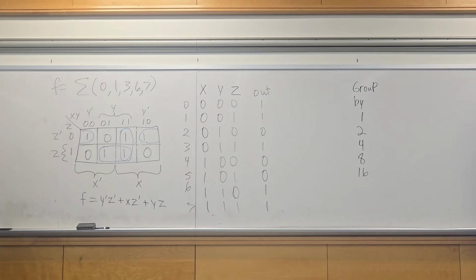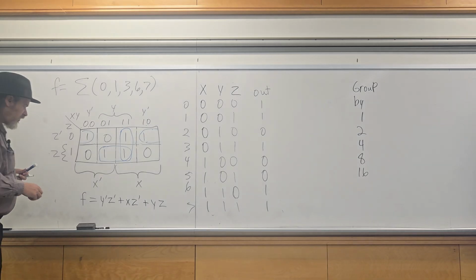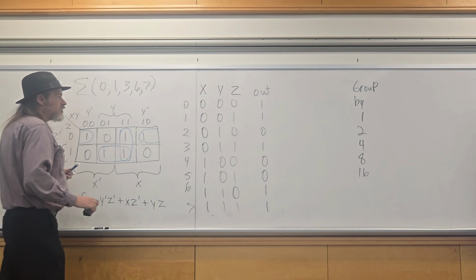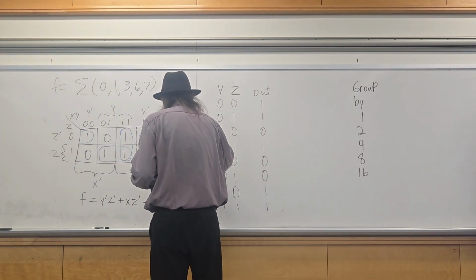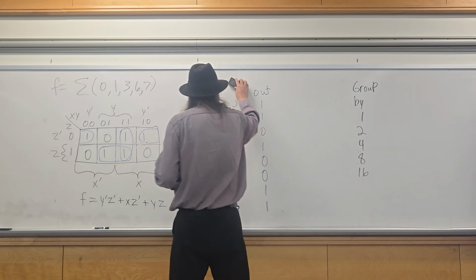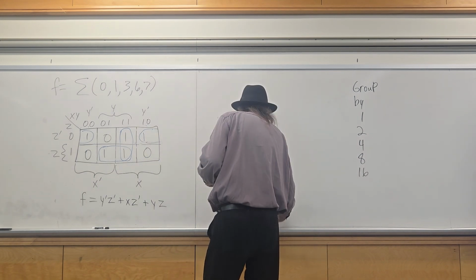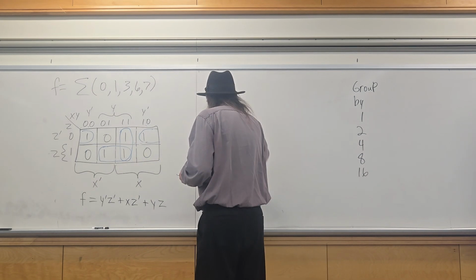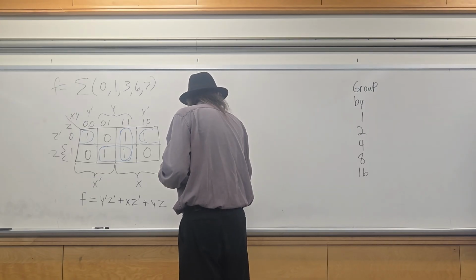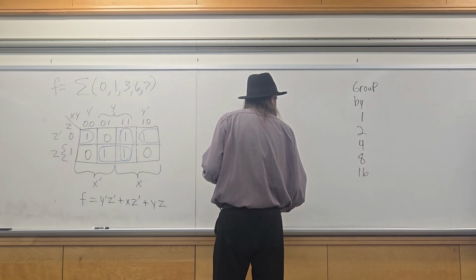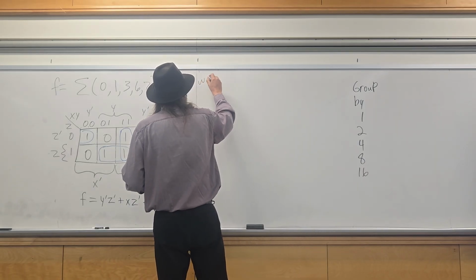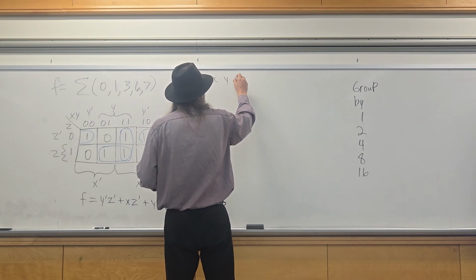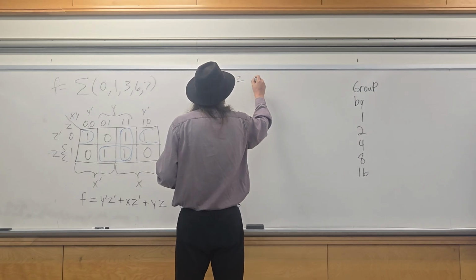All right. Let's try something a little bit more elaborate. Where you have W, X, Y, Z out.